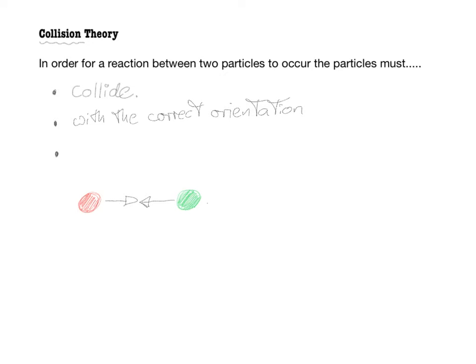So, go back to that shaking hands analogy. If people are shaking hands, the two palms have to connect, and that's how the hands are shaking. You can't put the two backs of the hands together. That's not the correct orientation for a handshake. Okay, last thing.